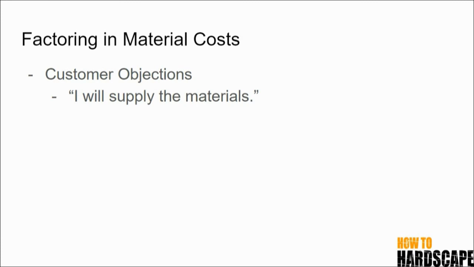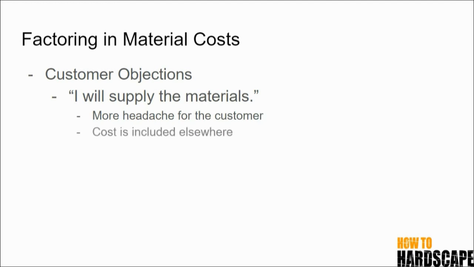So it's always best that you are in control of everything that's happening on your job site. It's important to communicate with your customer and let them know that it's just more of a headache for everyone involved. It's definitely more of a headache for the customer to coordinate that. And at the end of the day, the cost of that markup is just included elsewhere on the job.